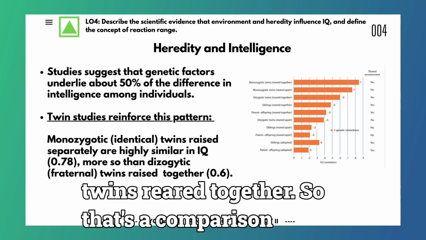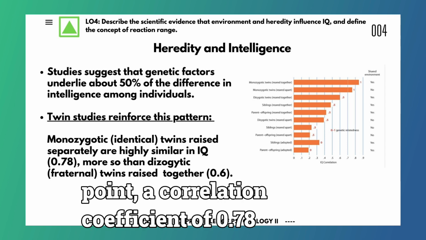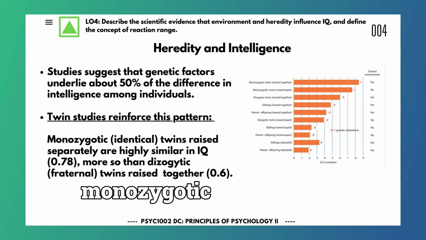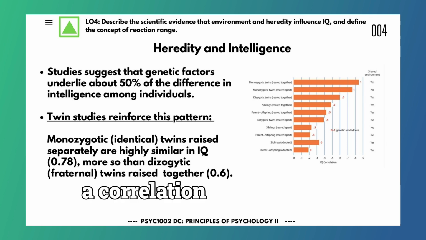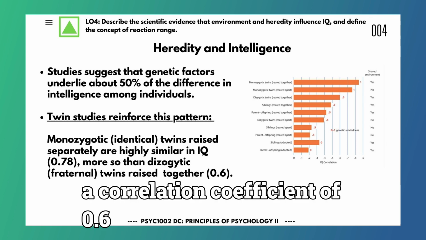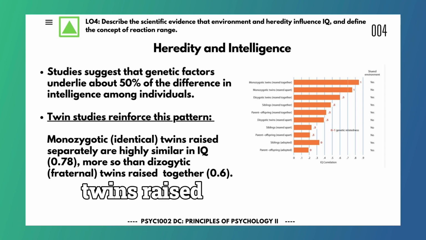That's a correlation coefficient of 0.78 in the monozygotic twins reared separately versus a correlation coefficient of 0.6 in the dizygotic twins raised together.